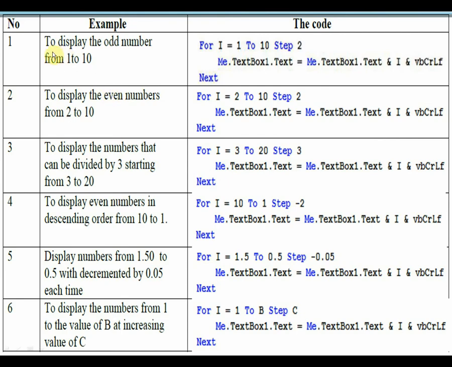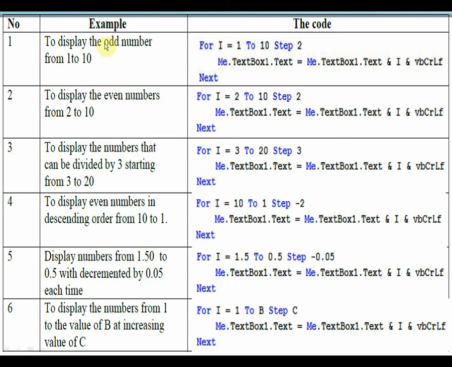Look here, to display the odd numbers from 1 to 10, we use for, and then the counter variable I equals the start value, for example from 1, and the end value 10. So I equals 1 to 10.